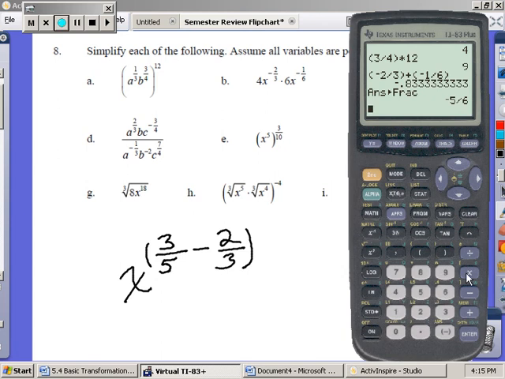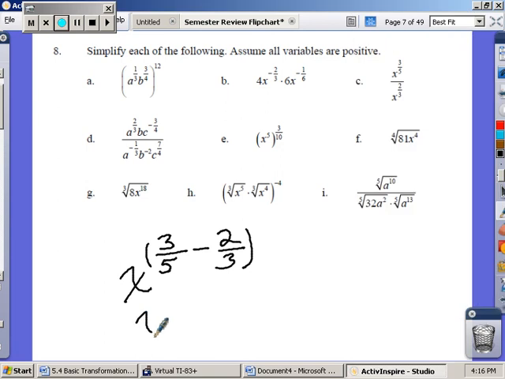Remember, on your calculator, when you are using fractions and you are subtracting, each fraction needs to be placed in its individual parentheses. 3/5 minus 2/3. Press enter, press math, enter, enter. Negative 1/15. Can I have a negative exponent? No. Negative exponent means placement, so it's 1 over x to the 1/15.